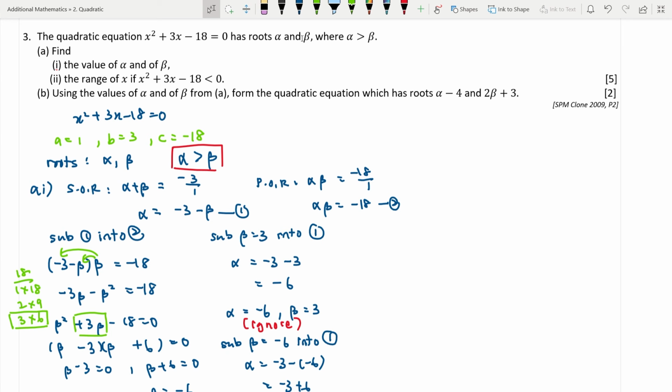B. Using the values of alpha and of beta from A, form the quadratic equation which has roots alpha minus 4 and 2 beta plus 3. Our alpha is equal to 3, beta is equal to -6. We are asked to form a new equation with new roots.